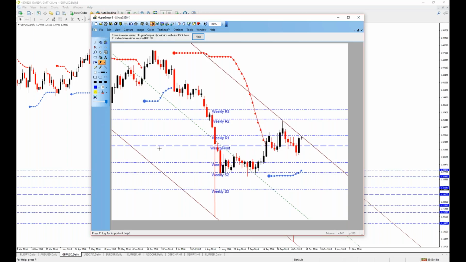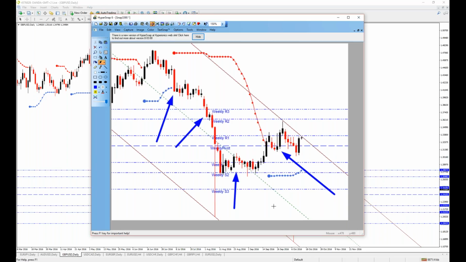First of all, these red and black bars, okay? These red and black bars are known as candlesticks. This is a daily chart you're looking at, so each candlestick takes 24 hours to form.